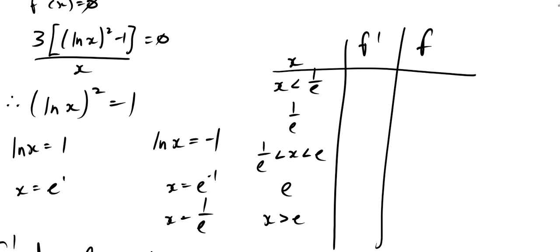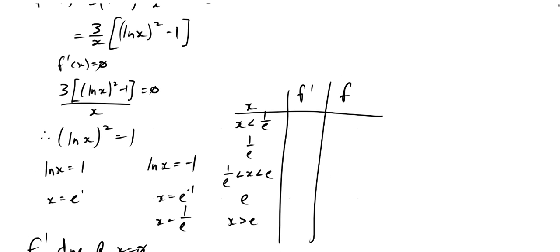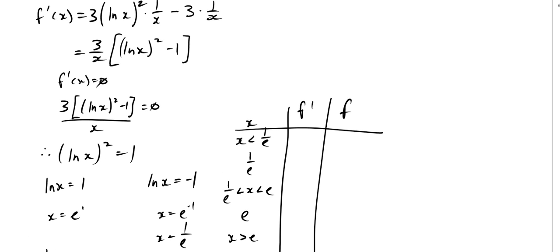Okay, so I've got bracket ln of a squared minus 1 close bracket times 3 and divided by a.